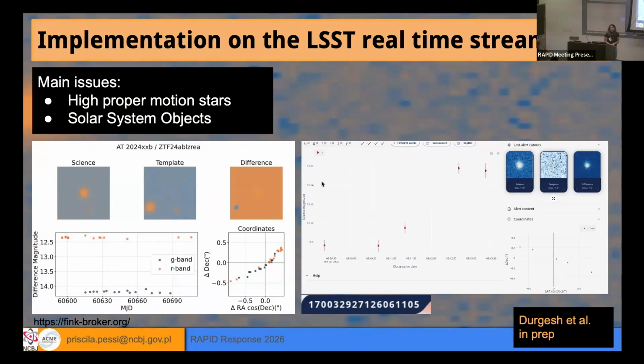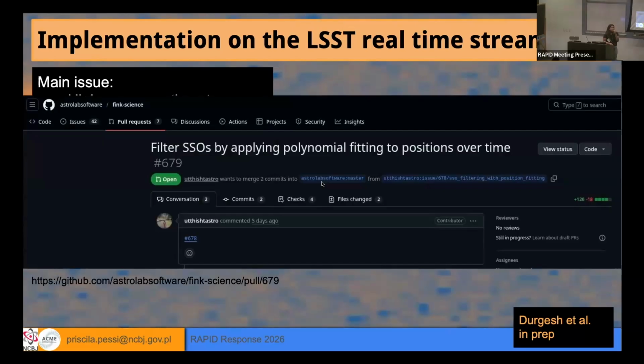So we said, okay, if we just fit a straight line to the coordinate distribution and the fit is good, then we can say this is an event that is moving, and so we can discard it. Because usually for a transient, you just get a little cloud of coordinate dispersion. This is not yet implemented in the broker, but there is a pull request, so it's going to be implemented soon.